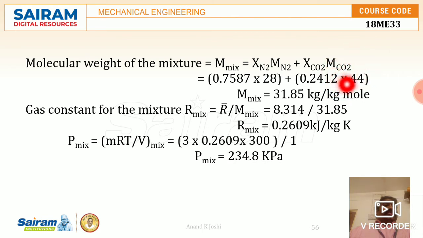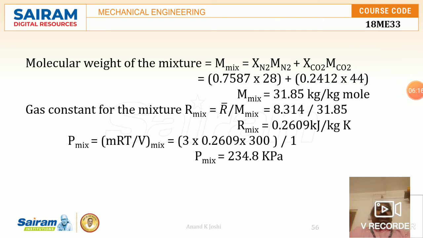C is 12, O2 is 32, and 32 plus 12 is 44. So substitute all these values in this equation, and you will get the molecular weight of this mixture as 31.85 kg per kg mole. Okay, you will get this answer, 31.85 kg per kg mole.